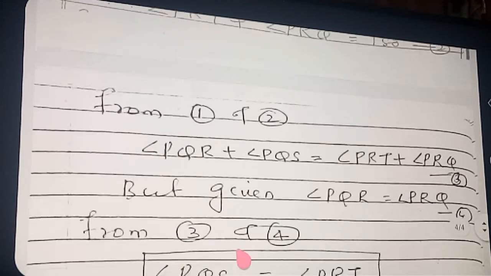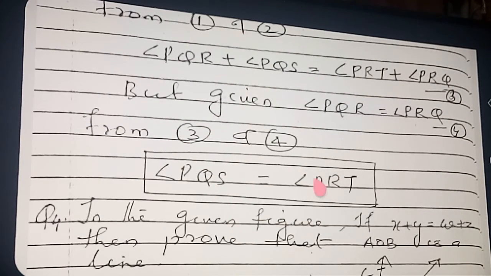PQS is equal to PRT. We proved it now. Easy? Clear now? Look again once or twice or thrice and you will get it very easily. First you want to know what you want to prove. So in geometry, first of all think what I want to prove and what is given in the question, and only then can you come to the conclusion. Okay, we will explain the last sum.